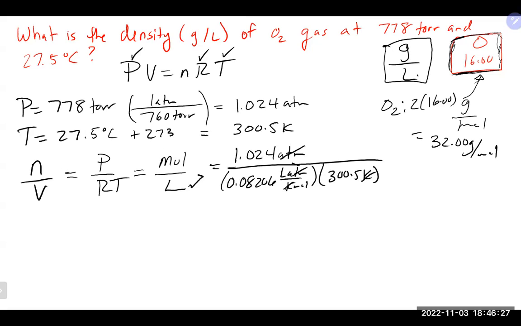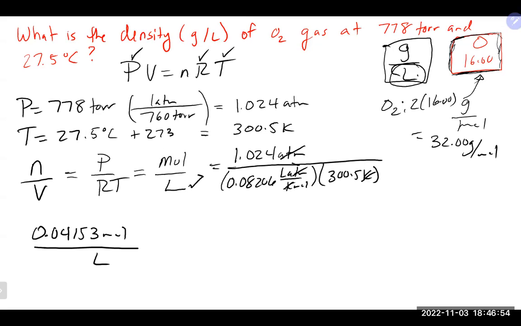It's liters over mole, but when we do the division, it becomes moles over liters when we flip it. That gets us 1.024 divided by 0.08206 divided by 300.5, which gets us something like 0.04153 moles per liter.